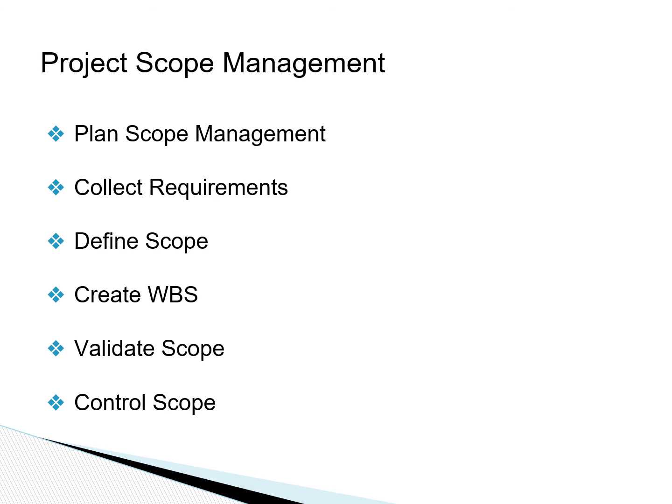Scope management is one of the key project management processes. It involves collecting requirements, defining scope, breaking down the scope into a work breakdown structure, WBS, validating the scope, and controlling it during the execution.